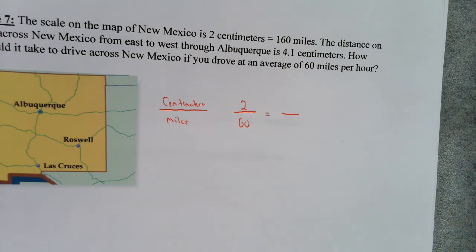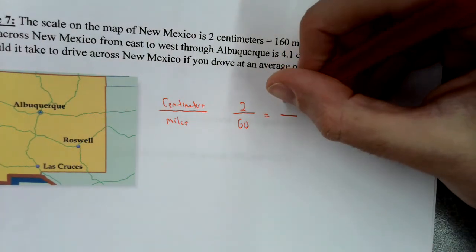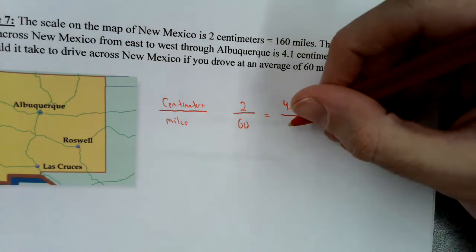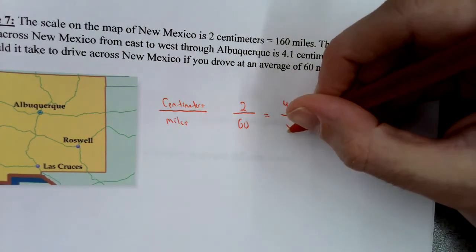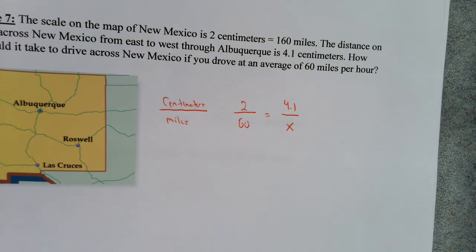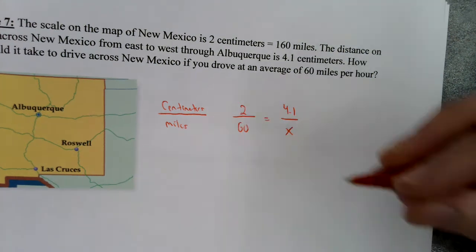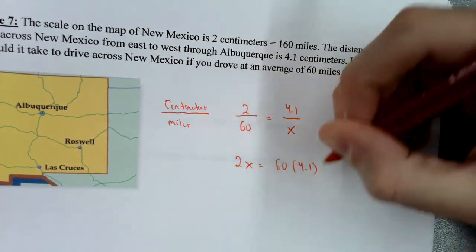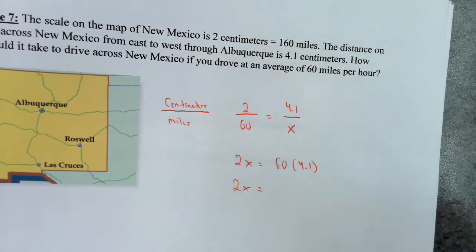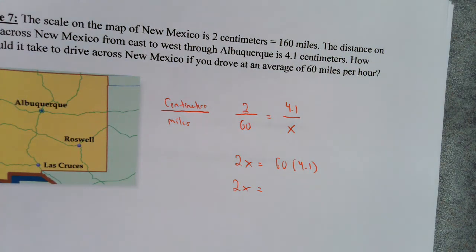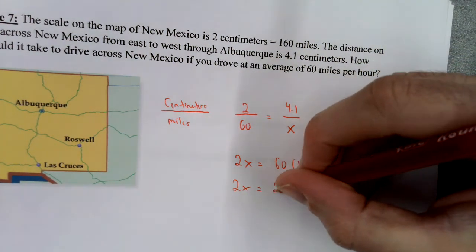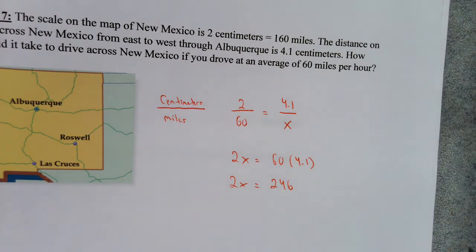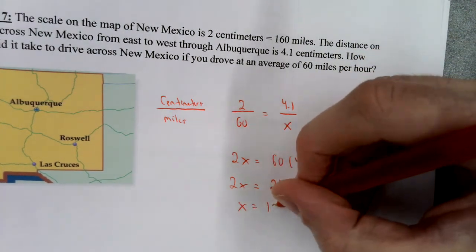Now it says the actual distance across New Mexico from east to west is 4.1 centimeters. So how many miles is that really? Solve this proportion. 2x equals 60 times 4.1. Cross multiply. 60 times 4.1 equals 246. Divided by 2. X equals 123.